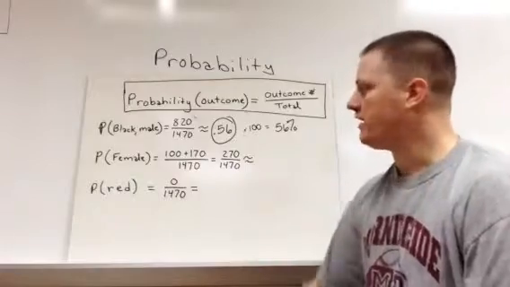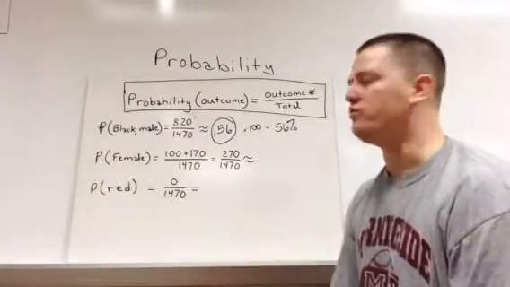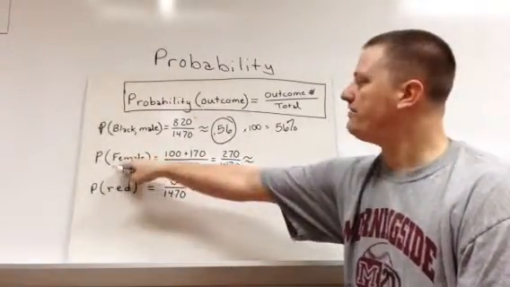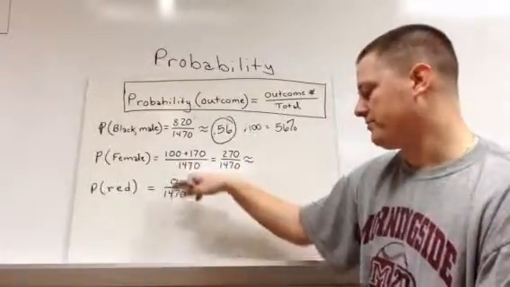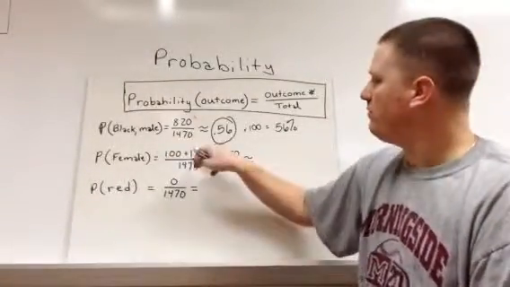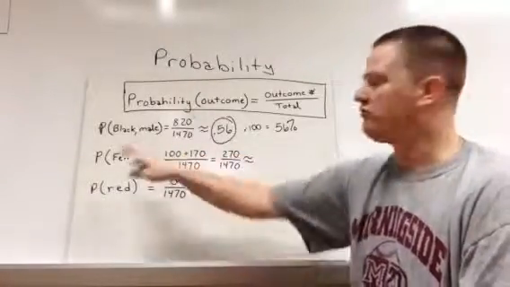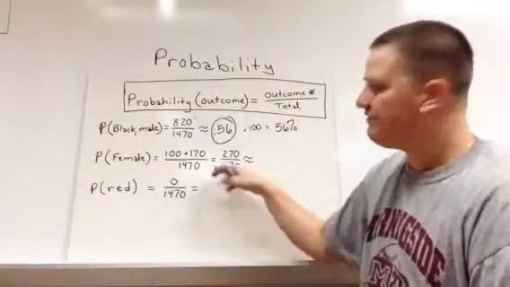Second situation here is a little bit different from the table. From the table, we had the females split into two parts. What I've done is said, I want all females. So what we have to do is put those two parts back together. The 100 comes from our black females, and the 170 comes from our gray females. So we add them together to get the total number of females, which would be 270, and we still have the same total.